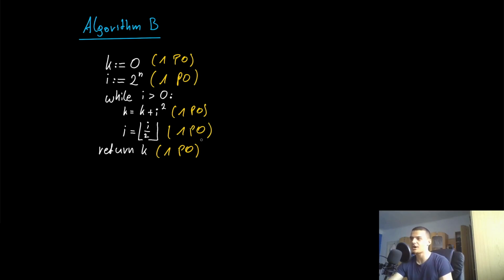And this is a little bit harder to see directly because we don't have a for loop that tells us from I equals 0 to N, which is obviously N times. This time we have a starting value 2 to the power of N, and we want to get this value down to 0, or actually down to 0 or below.